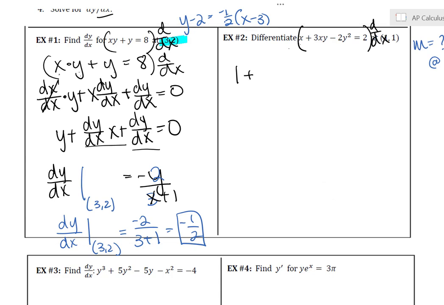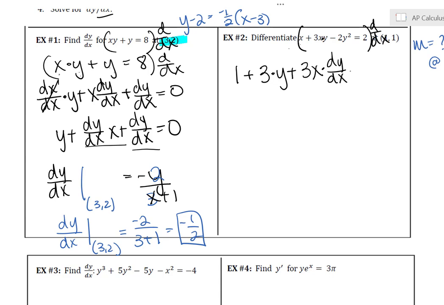Next term, this is going to be product rule, right? This is 3x times y. So the derivative of 3x, 3 dx over dx, is going to be 3 times y plus 3x times the derivative of y, which is dy over dx. And then here's where that chain rule is going to come into play.